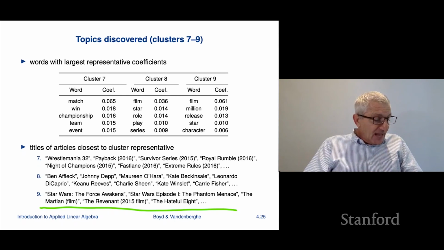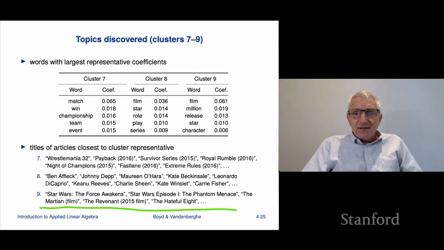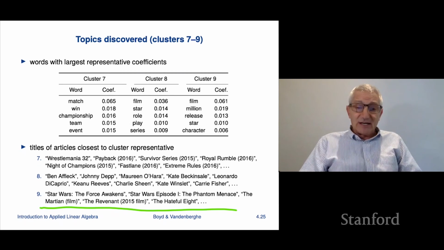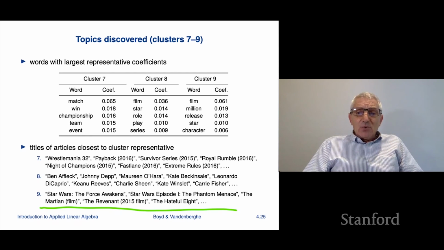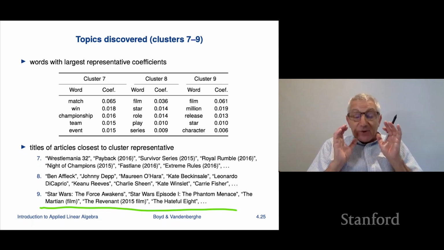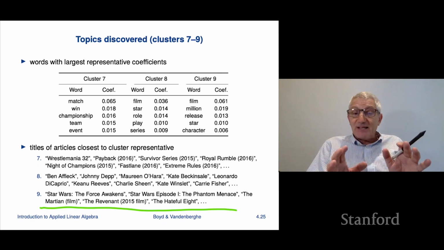Again, I want to say that if you're not impressed by this, then you're not really understanding what it is. My point here is that this is based on shockingly little information about each of these Wikipedia articles. In fact, all we tell you is the fraction of times 4,400 words came up. I want to say it again because it's worth repeating.